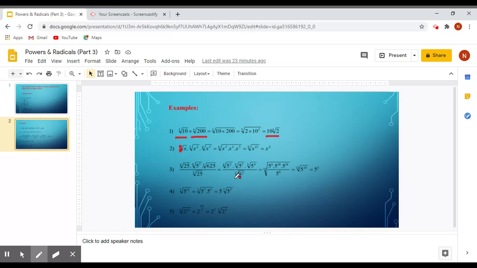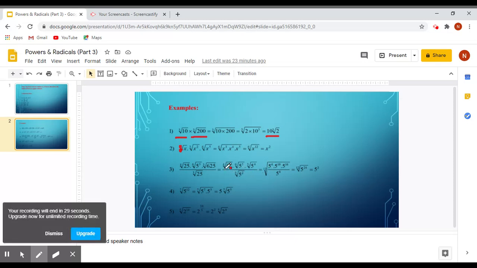Now I have to find the LCM between 4, 6, 3, and 3, which is 12. So I put them all under the 12th root, and to make this a 12, I multiply this by 3, I multiply this by 2, I multiply this by 4, and this one I multiply by 4. I simplify my answer, it will be 5 to the 2.